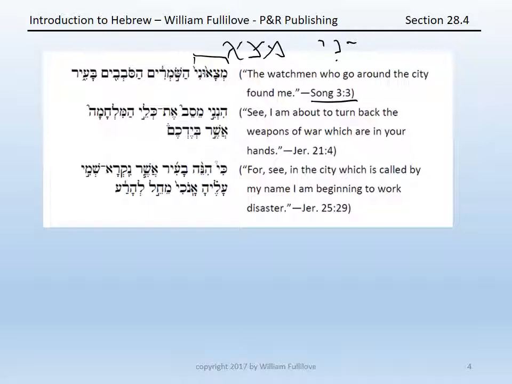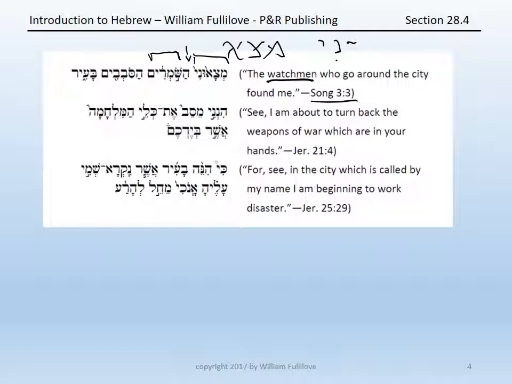They found me. The subject follows, which is a qal participle, the definite article plus qal participle masculine plural, shomrim, the ones who guard, or in translation, the watchmen.